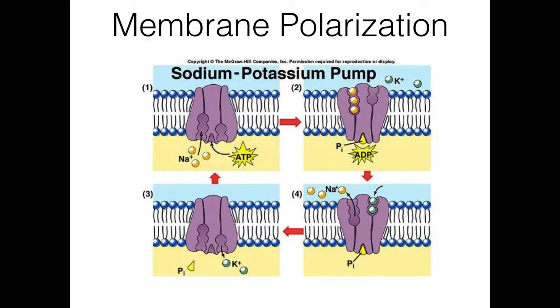These are sometimes called sodium-potassium ATPase pumps because they are an active transport mechanism. These are operating in pretty much every cell in your body all the time, but they are particularly abundant and particularly important in nerve and muscle cells.